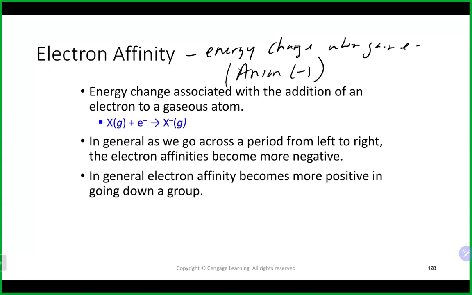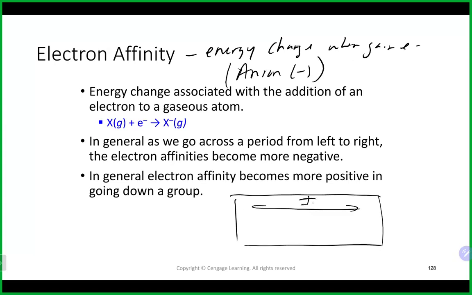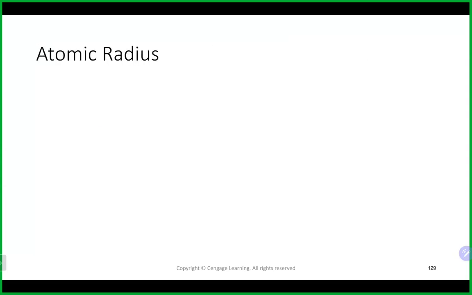So if you have a high electron affinity, that means you are pretty good at gaining electrons. When we look at the periodic table, electron affinity increases as you go up and to the left and decreases as you go down and to the right. It's not a perfect trend, but that is generally what happens. As you go up and to the right, they're much better at gaining electrons than they are as you go left and down on the periodic table.